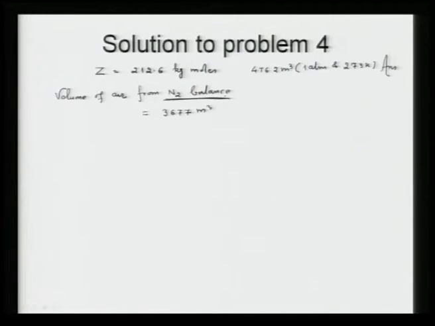Now, the problem says you have to do oxygen balance also. So, let us perform O2 balance. Here we have to know that oxygen is entering through the charge also, because you are charging Fe2O3, which will be reduced and oxygen will be in the system.